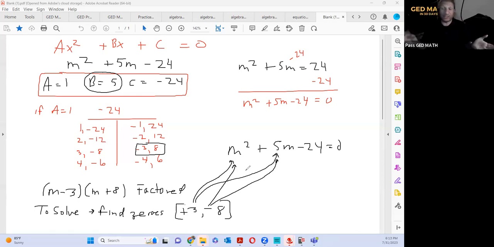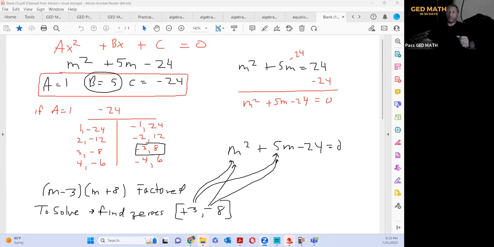Any other number that you plug into this equation will not equal 0. Got me? So factored is (m - 3)(m + 8). Solving it, the values of x that solve this quadratic equation are 3 and -8. That's the only difference.